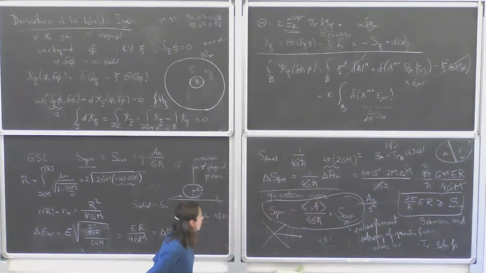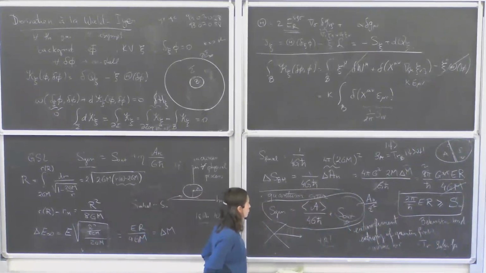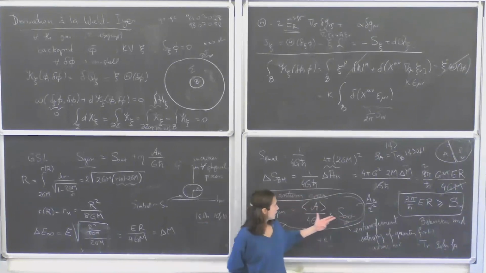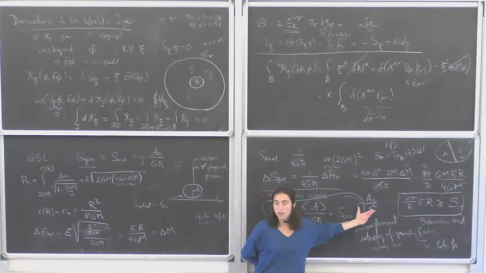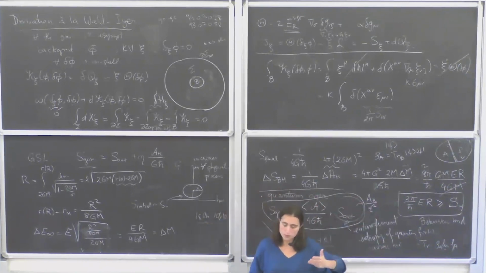I don't know whether the jury is out on what this might actually mean, but one way to interpret this sort of relation is as saying that you might be having, say, the entanglement entropy of bulk quantum matter, this term, and then you're having a correction, because your bulk QFT is coupled to gravity, right?